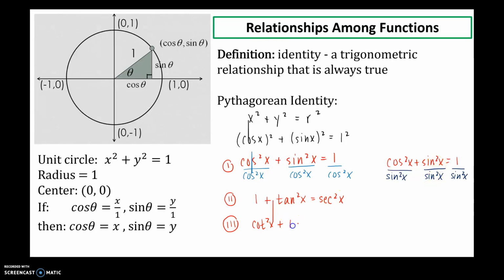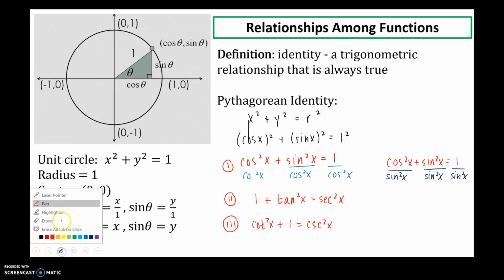Anything divided by itself is 1. And the reciprocal of sine squared is cosecant squared of x. So you will be expected to recognize these and use them in any given problem. That's easy for me to say here. For you, it's just all about practice. So you're going to be practicing these problems and using these functions.